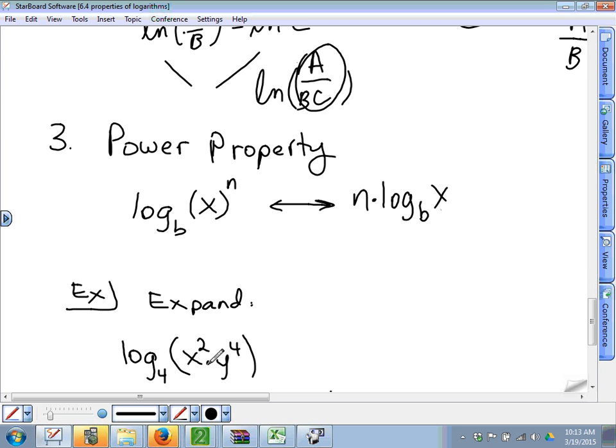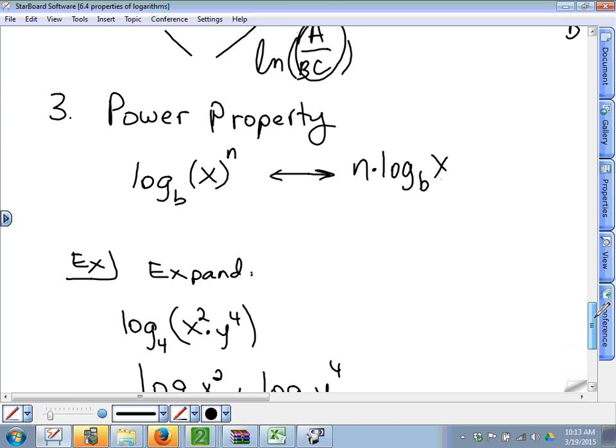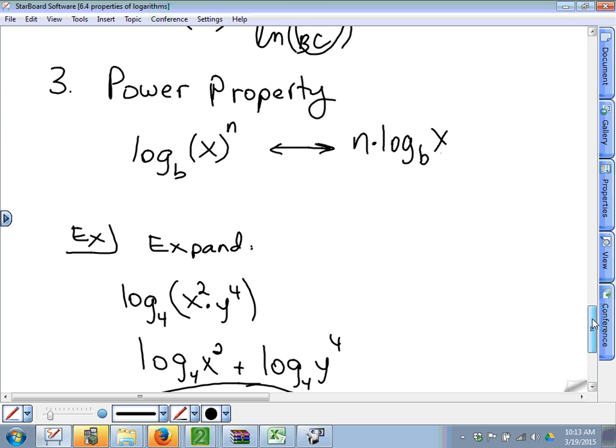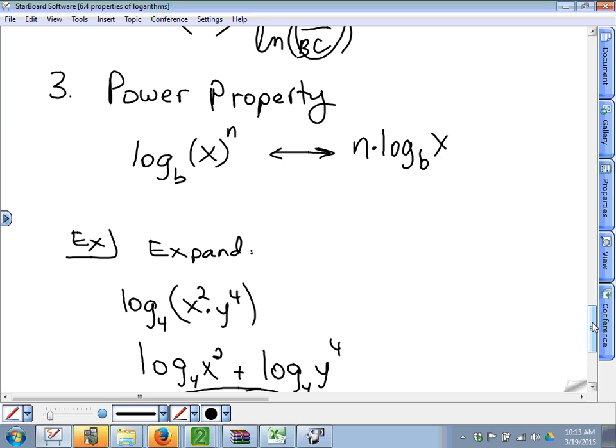Plus. So the first thing you do is you write two logarithms separated by a plus sign. So it would be log base 4 of x squared plus log base 4 of y to the 4. That's the first thing you do, is use the product property.